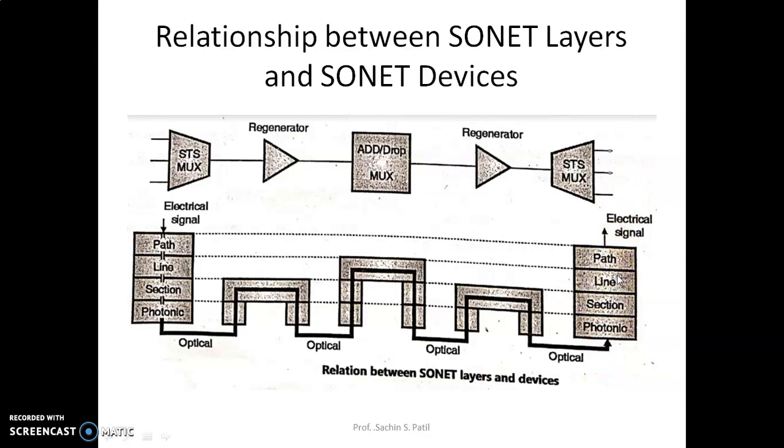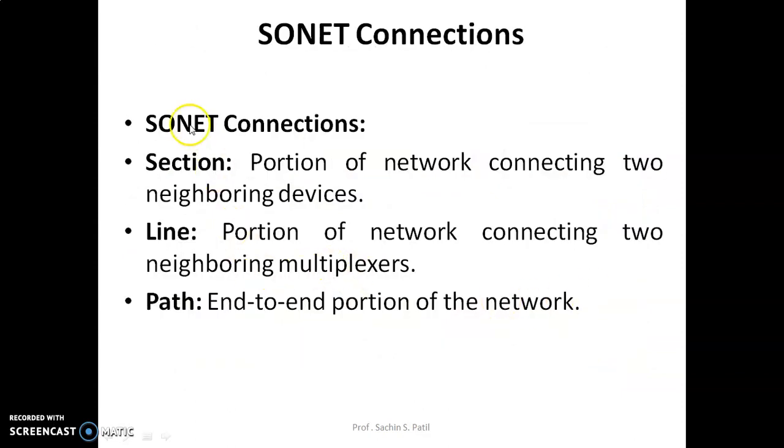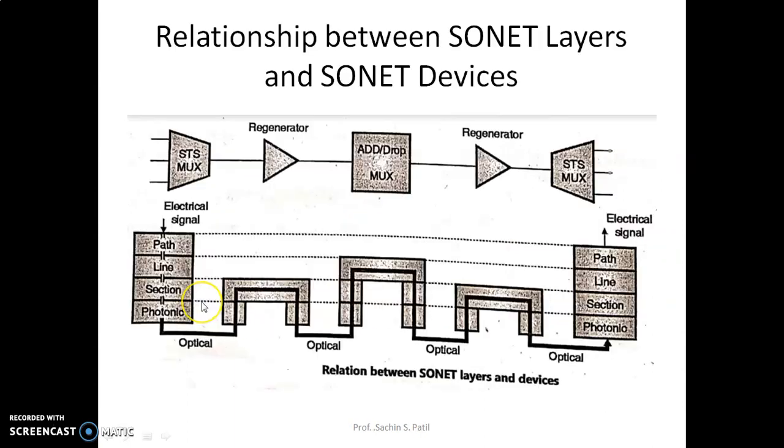So what are the SONET connections? The portion of network connecting two neighboring devices is called a section. The portion of network connecting two neighboring multiplexers is called a line, and the end-to-end portion of the network is called a path. So we can see here the portion of network connecting two neighboring devices: this is section 1, section 2, section 3, section 4.